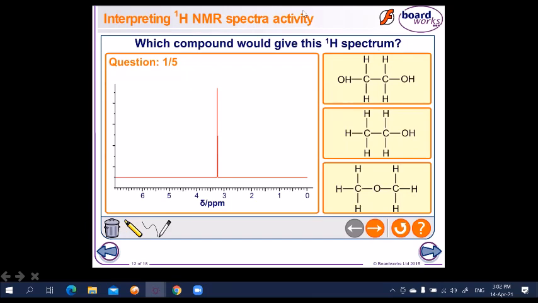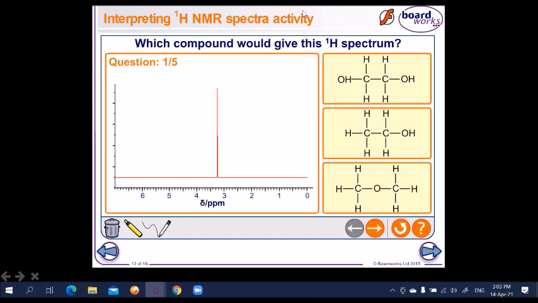While we're looking at these diagrams here, we are not looking at the values from your IB data booklet in table 27. All you're looking at is how many distinct peaks you have. You are only looking at how many chemical environments are present.